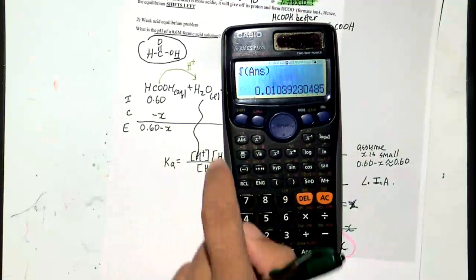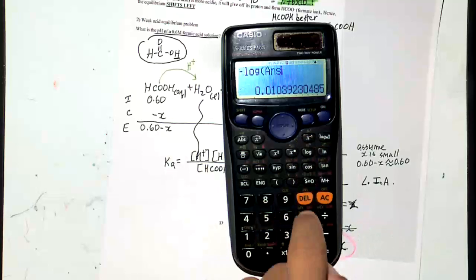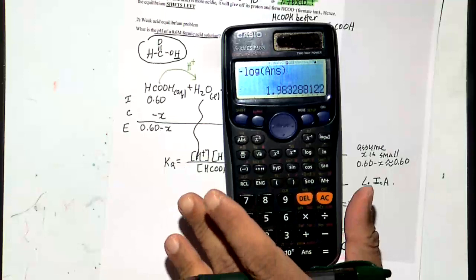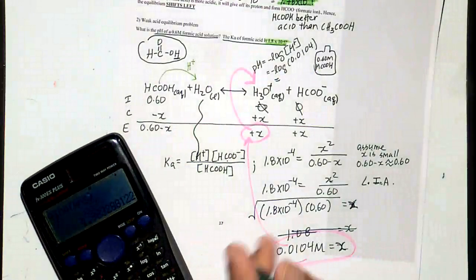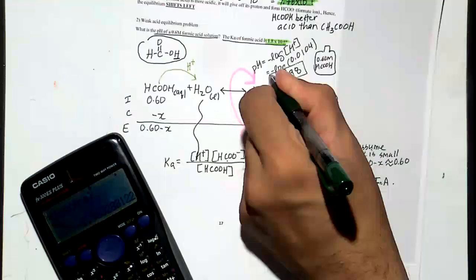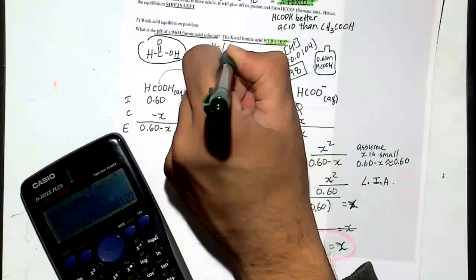And what's minus the log of 0.0104? Minus the log of this answer is 1.98. So I'm getting a pH of 1.98.